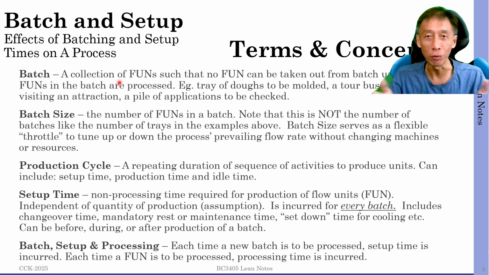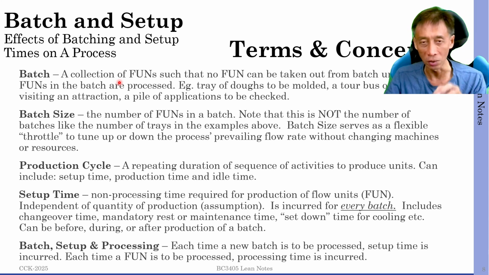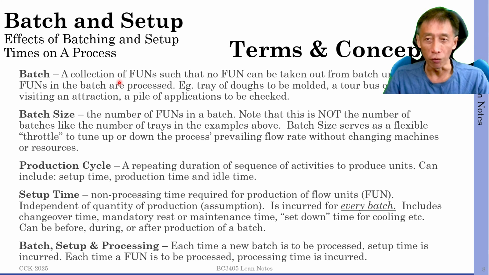We don't have to worry about whether physically it's done sequentially or in parallel, just that time-wise, it takes 4 times as long as it takes to mold one dough. And so in a batch, if you have 10 doughs, then the molding machine will take 10 times as long to mold each of the dough in the batch.